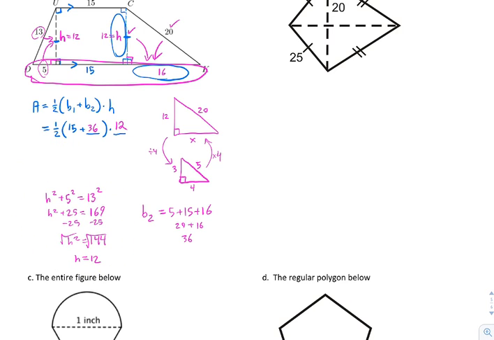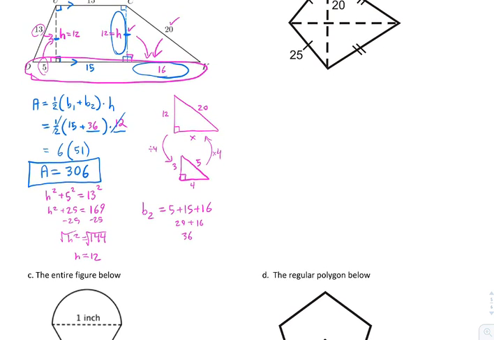Simplifying here, 1/2 of 12 is 6 times, and then adding the things in the parentheses, I get 51. So 6 times 51, that means the area is, well, 6 times 50 is 300, and then one more 6, so that's 306. Again, you could just use a calculator too.